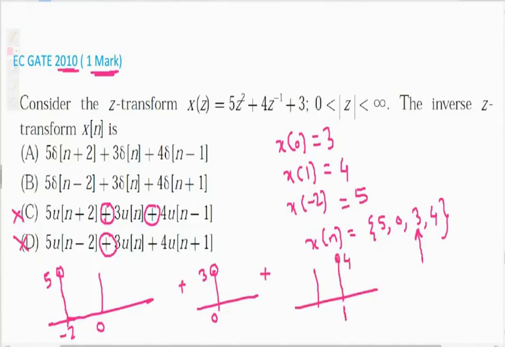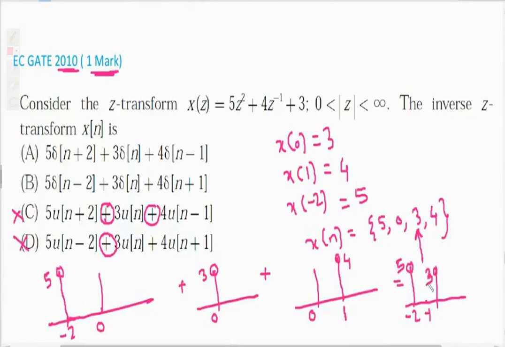Okay. If we add these, at minus 2, here 5, here 0, here 0, so it will be 5. Then at minus 1, here 0, here 0, here 0, so the resultant will be 0. At 0 position, here it is 0, here it is 3, here it is 0, so it will be 3.